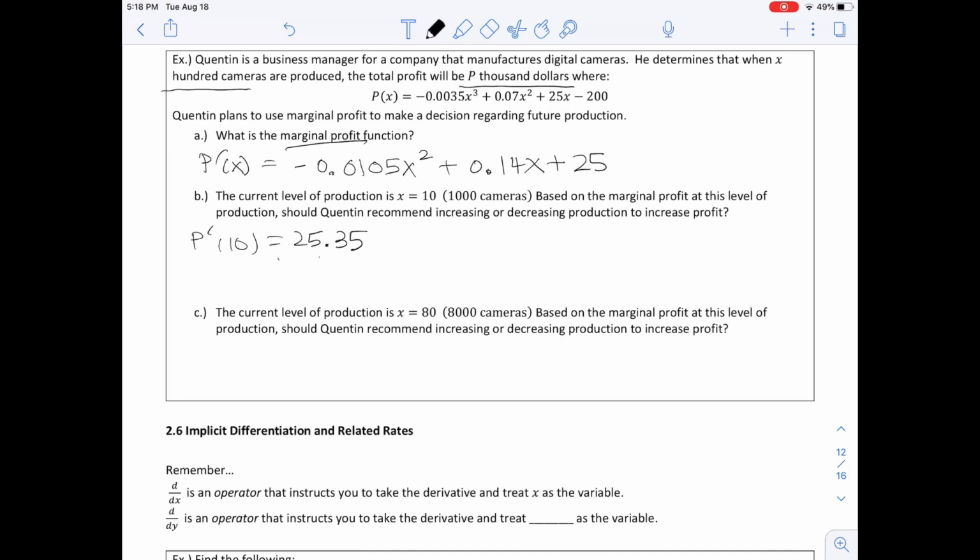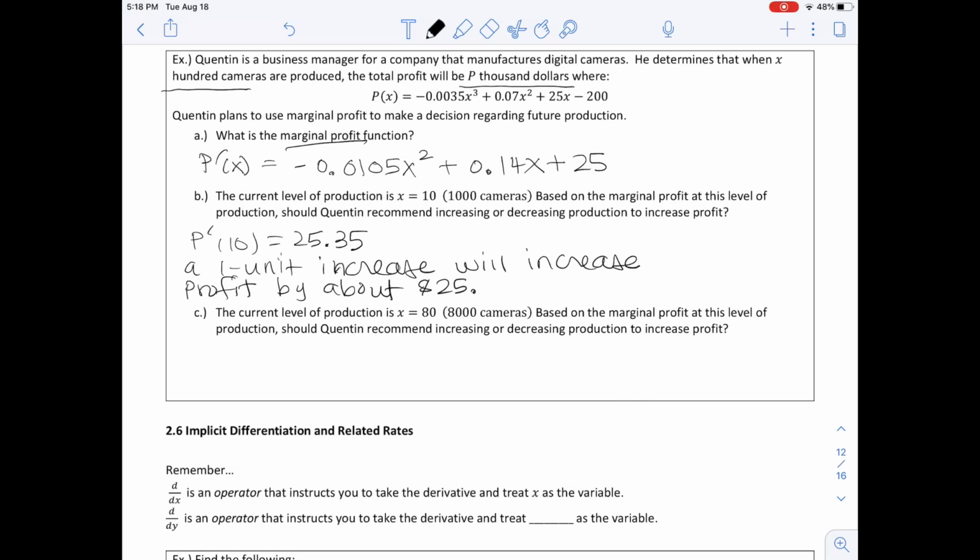So our marginal profit for 1,000 cameras would be 25.35, and a 1 unit increase will increase profit.